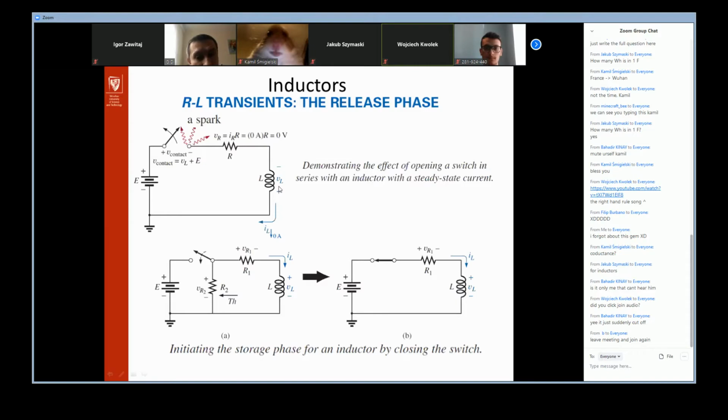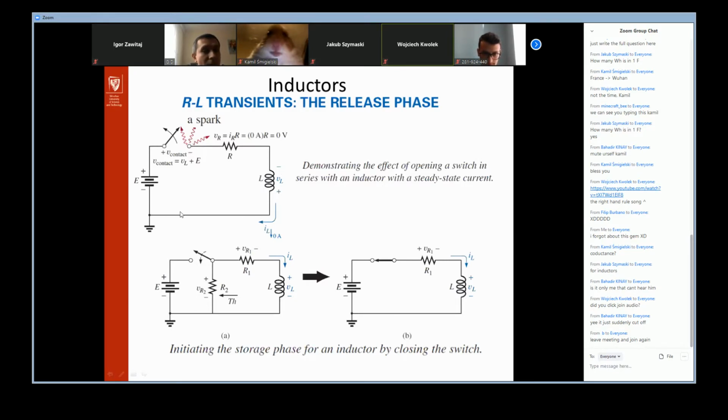Why? Because in the storage phase we observe the increasing of the current, but in the release phase we observe the decreasing of the current. So, as you see, we'll observe the induced VL across the coil in that polarity. Okay, this switch is turned off, but the induced voltage is directly connected in series with the voltage source, because this is the open circuit at this moment.